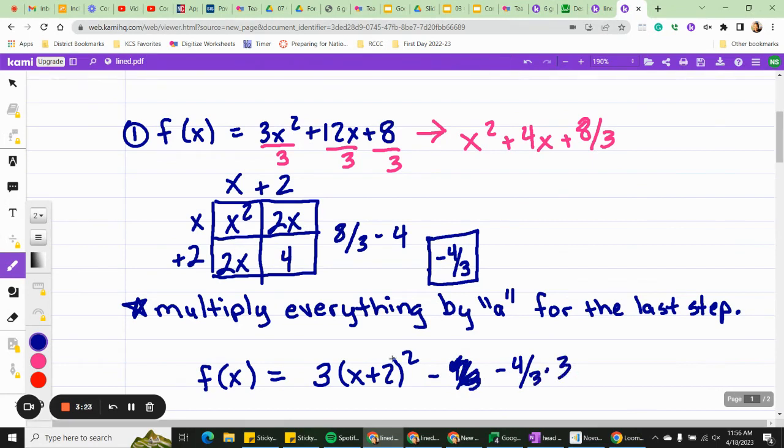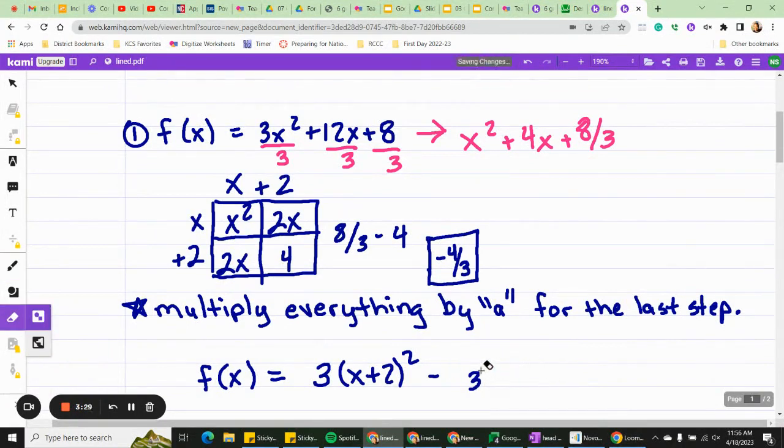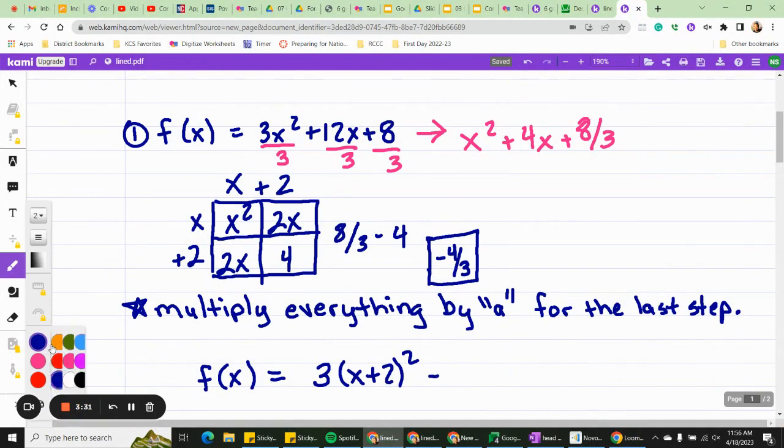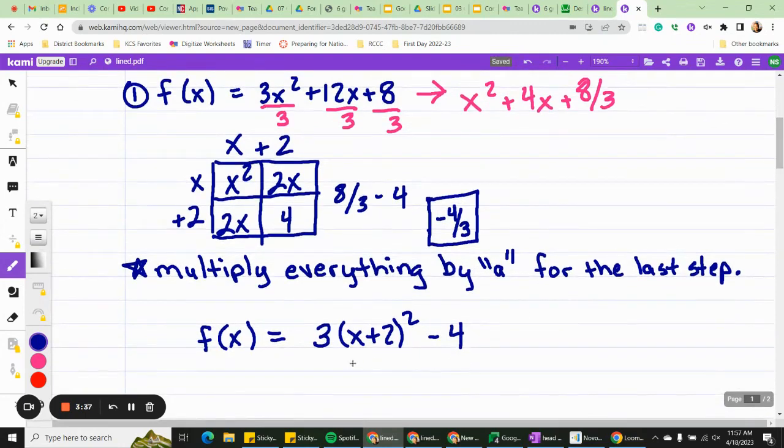If we multiply negative 4/3 times 3, we get a negative 4. So I can just simplify this and write minus 4. So I have my vertex form, and then the vertex is going to be just like we wrote it before. We take the opposite sign for the 2, so negative 2, and then bring down that minus 4, and that's my vertex.